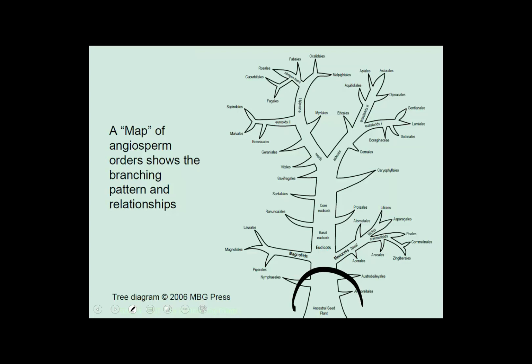So down here at the base are what are called basal angiosperms, and there's a branch that diverged from the basal angiosperms that are indeed monocots. So monocots, because it includes an ancestor and all of the descendants, because it's a branch in and of itself, is regarded as being a true, authentic group. It's what's called a clade. It's a branch on the evolutionary tree. And you can refer to monocots, and that's a legitimate thing to do.